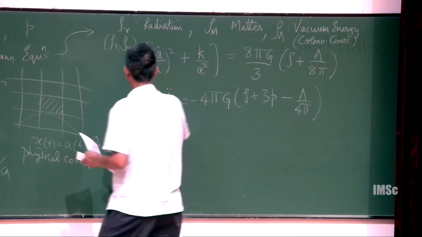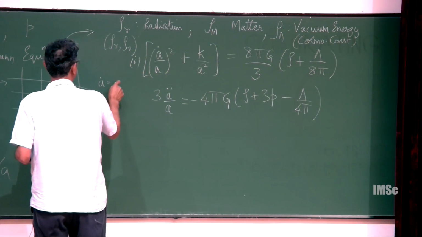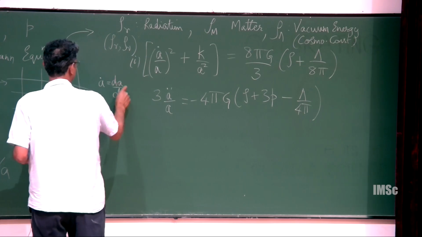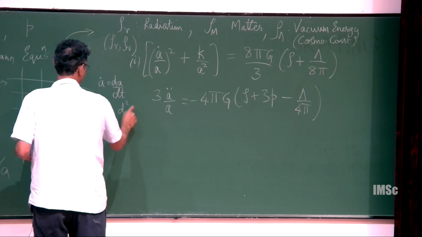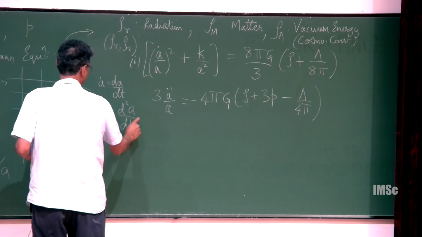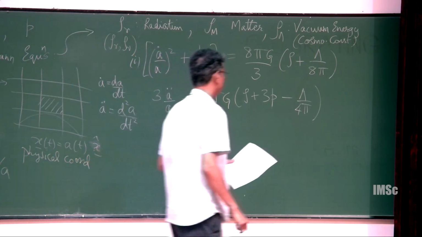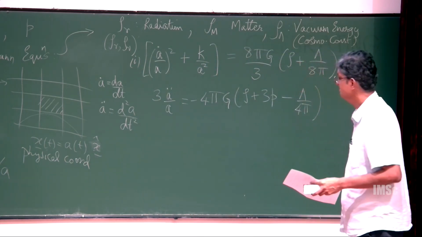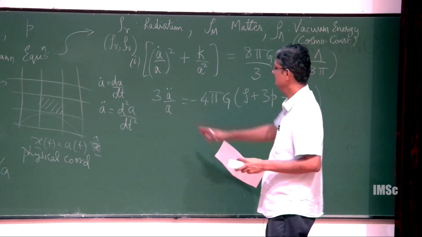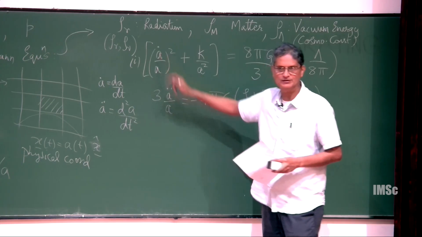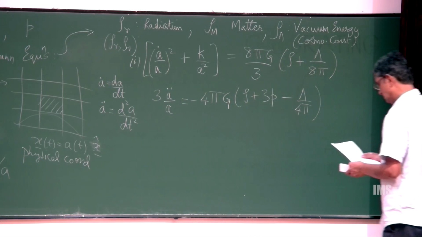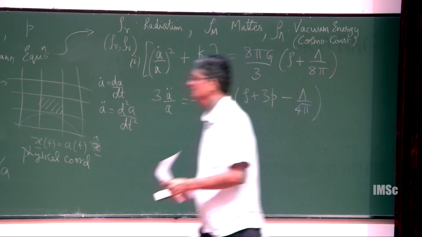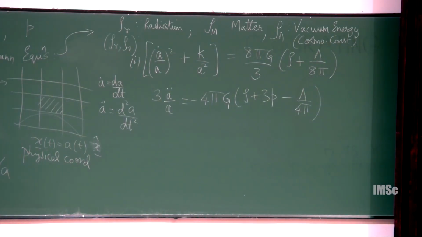Now A dot means dA/dt, obviously. These are derivatives with respect to cosmic time. So this tells you the acceleration of the universe, and this tells you something about the expansion of the universe. These are pretty standard things that you'll find in any cosmology book.